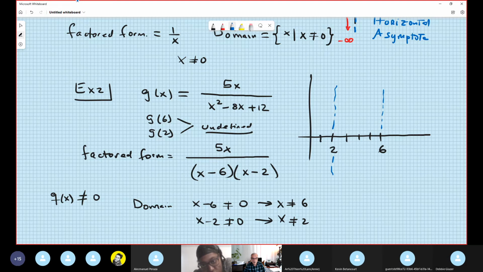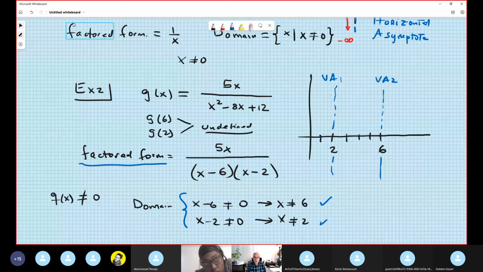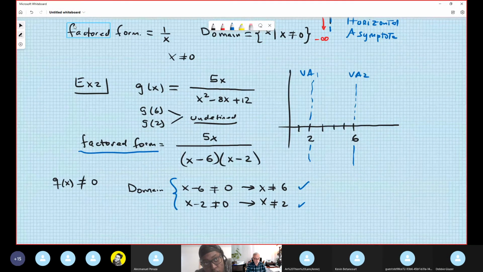Today is not the day to understand very well. We have a vertical asymptote at 6 and a vertical asymptote at 2. And the rest in between, I have no idea. It's not important now. The important thing now is you understand factoring, you understand the domain, and this bad guy represents a vertical asymptote. Oh, bad guy, vertical asymptote. Horizontal, no. Horizontal is a good guy. We respect the restriction for the domain.